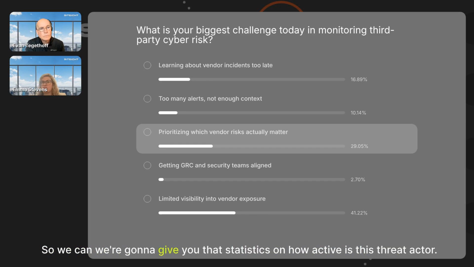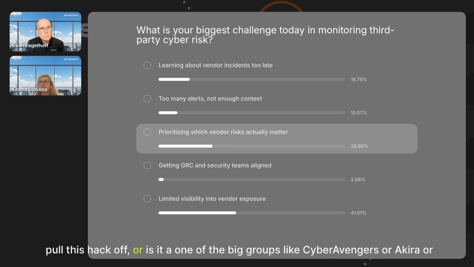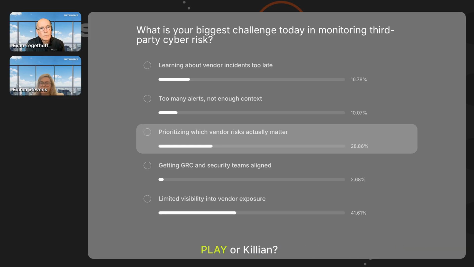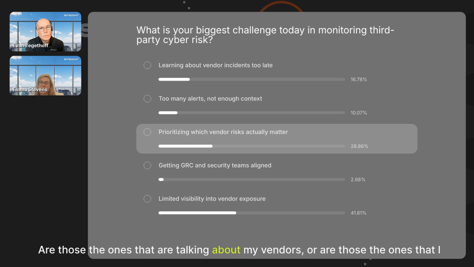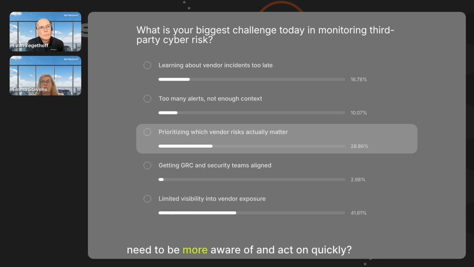So we're going to give you statistics on how active this threat actor is. Is it a low-level script kiddie who doesn't necessarily have the skills to actually pull this hack off? Or is it one of the big groups like Cyber Avengers or Akira or Play or Qilin? Are those the ones that are talking about my vendors? Or are those the ones that I need to be more aware of and act on quickly?